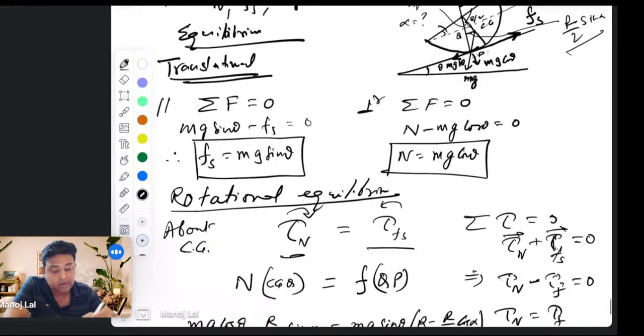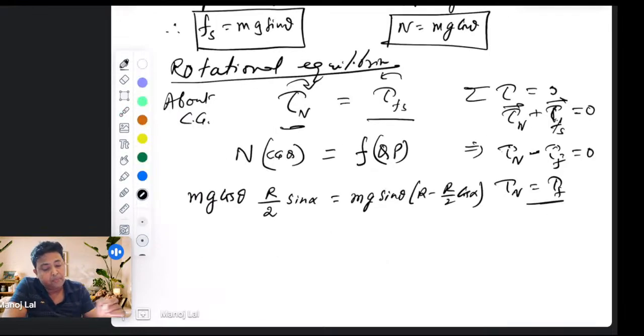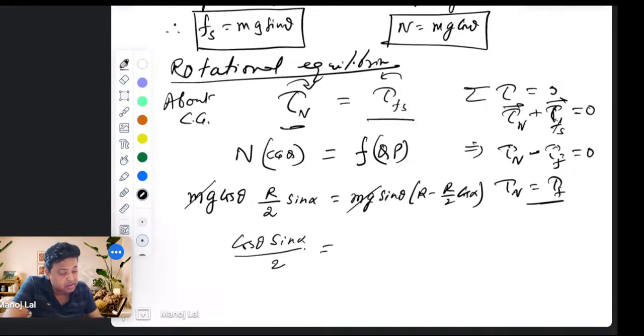From here we can cancel Mg, and R is also out, so it will be cos theta sine alpha upon 2 is equal to sine theta times 1 minus cos alpha by 2.